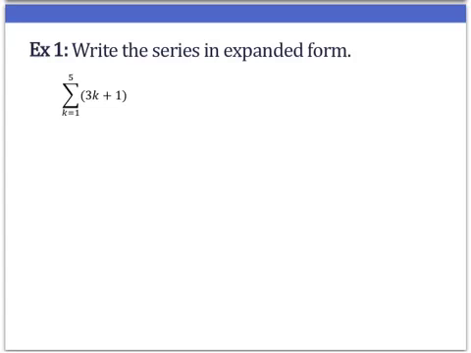Now, we're going to write the series in expanded form, and expanded form means don't add. So we don't want the final sum. What you're going to do is substitute one at a time. We're going to begin with substituting, then the variable here you're going to notice is not an n, it's a k. It doesn't matter what the variable is as long as they match here and here.